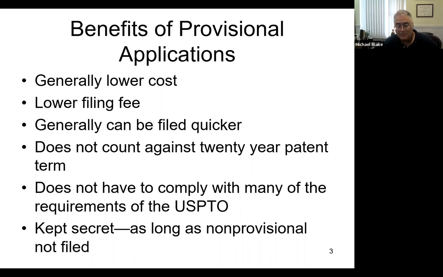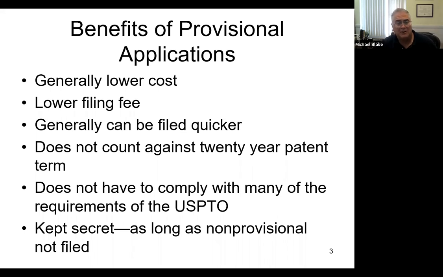They can become published or available to people if you file a non-provisional patent application and your non-provisional is published, and then under public PAIR, which is no longer available, we can still access the same information under a different search regime.